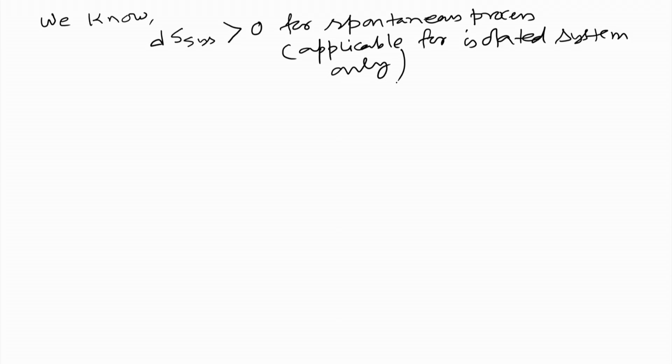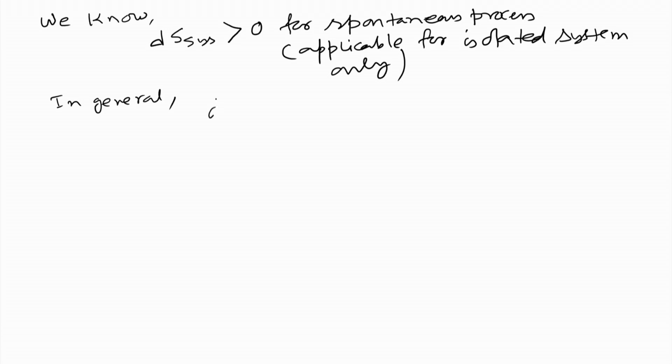So, dS system, the change in entropy for the system, greater than 0 says that the process is a spontaneous process, but this condition is applicable only for an isolated system. Okay. But in general, the system can be isolated or non isolated.